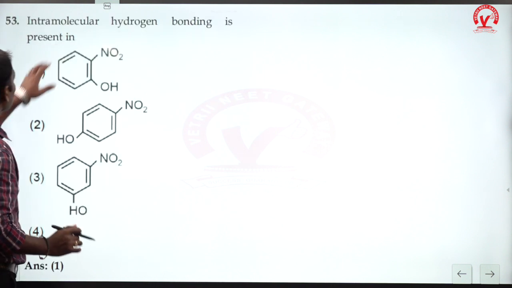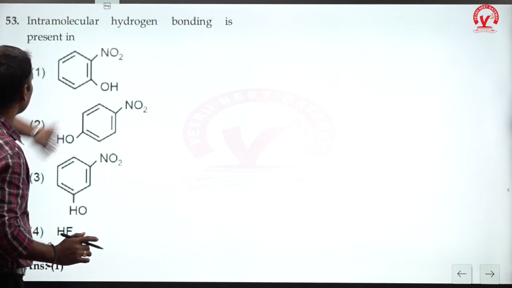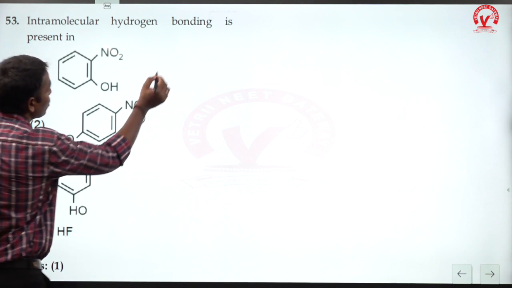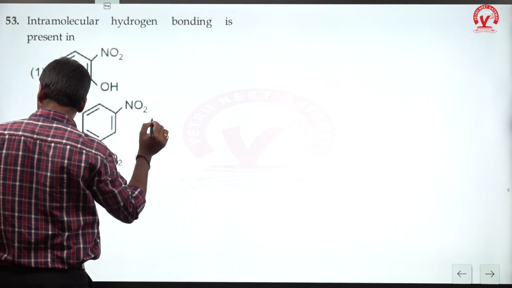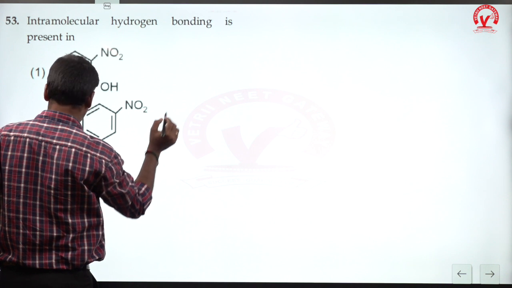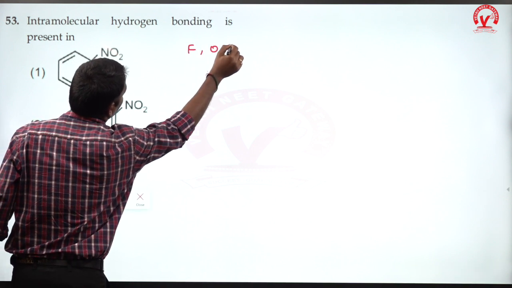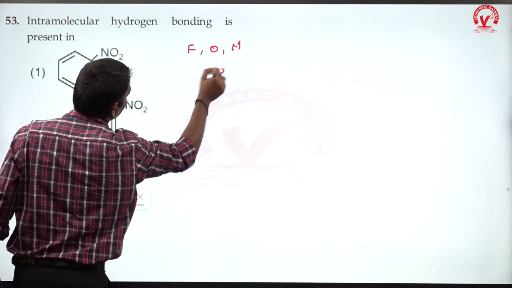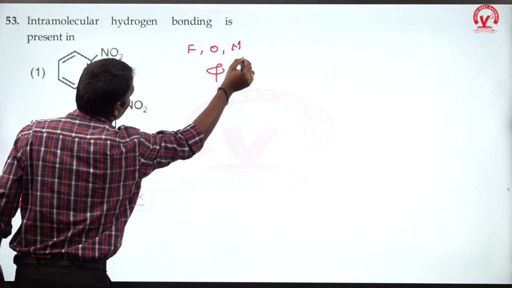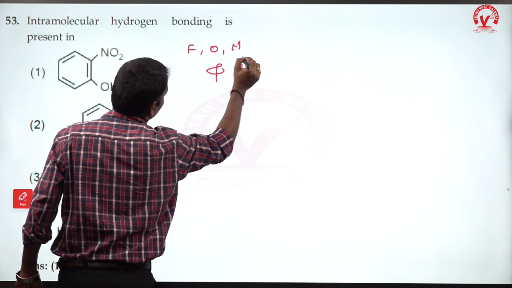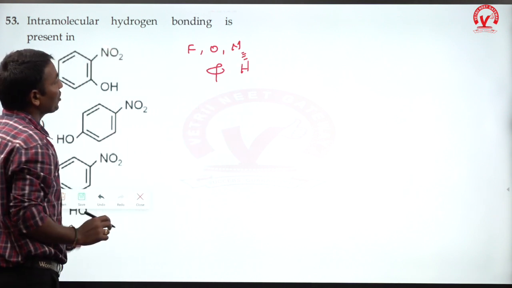Then question 53. Intramolecular hydrogen bonding is present in which? A hydrogen bond is formed between highly electronegative elements like fluorine, oxygen, nitrogen with hydrogen. An attractive force is generated between this highly electronegative element and hydrogen.